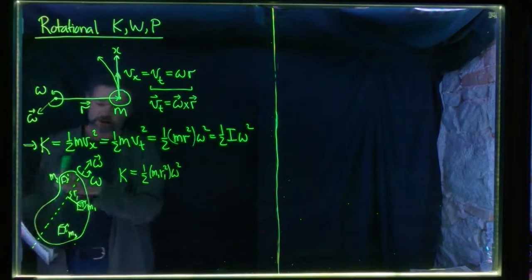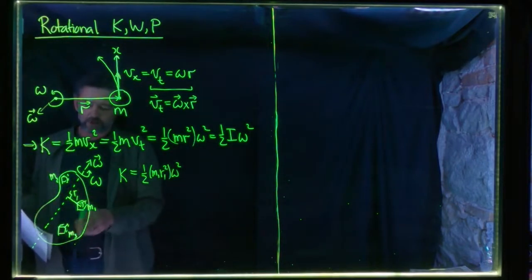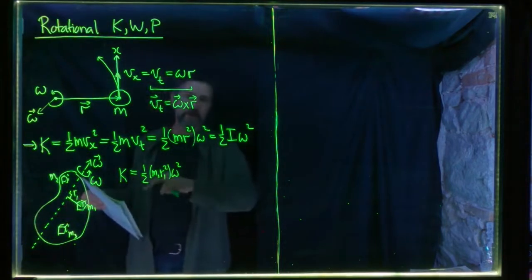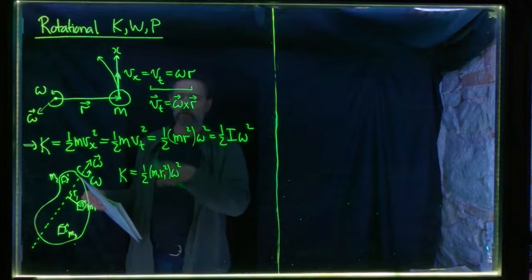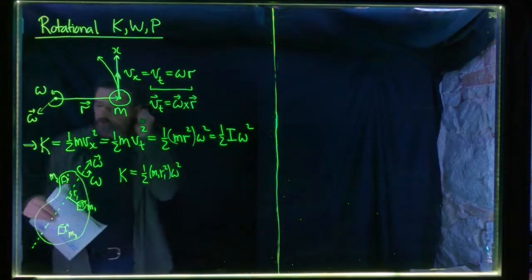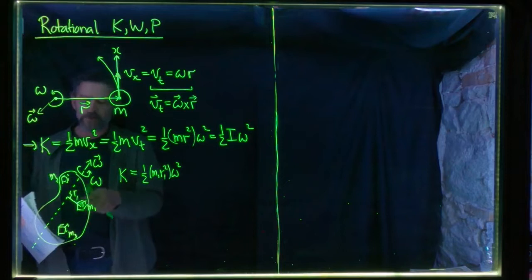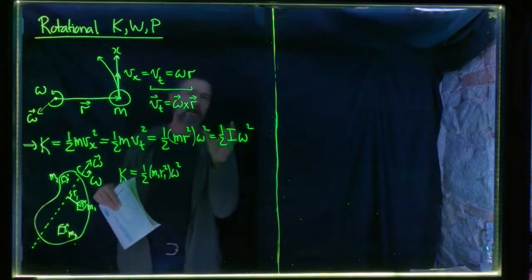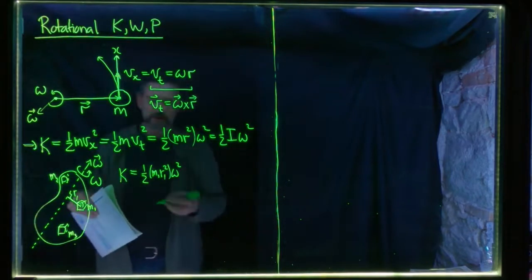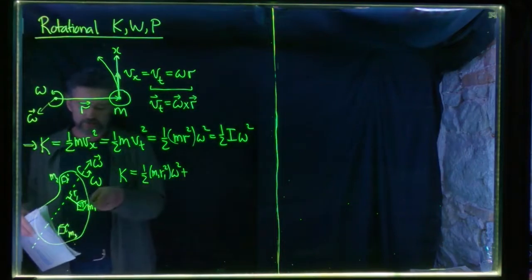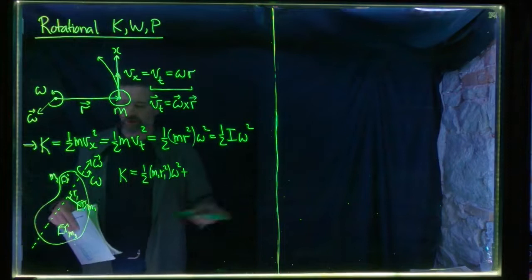Because remember that all of the masses making up that rigid body are rotating with exactly the same angular velocity, exactly the same number of radians per second. So if it goes around once in 1 second, then every mass in that body has an angular velocity of 2 pi radians per second. And so this here is the kinetic energy of that piece of that rigid body.